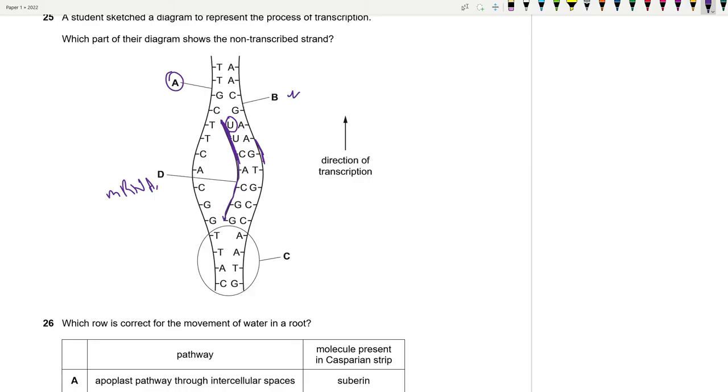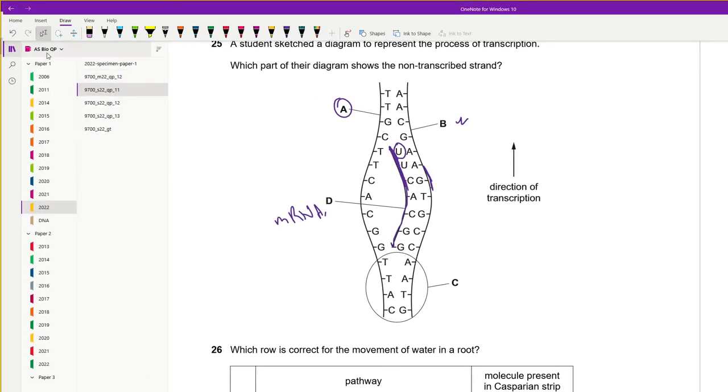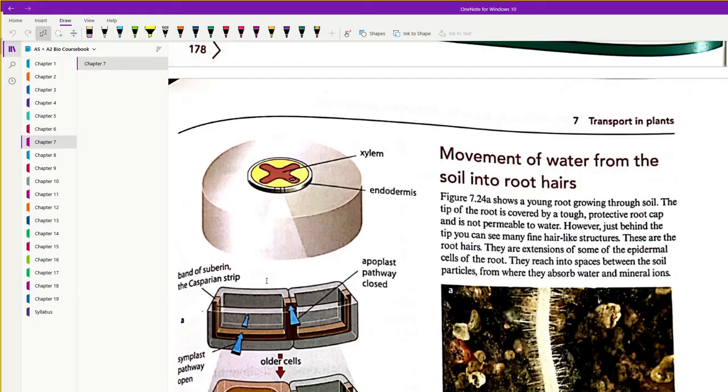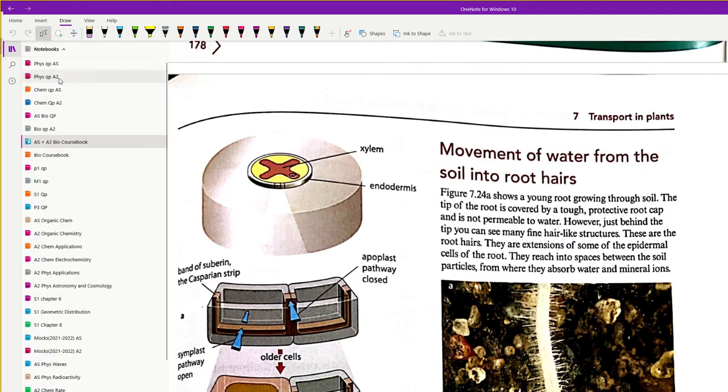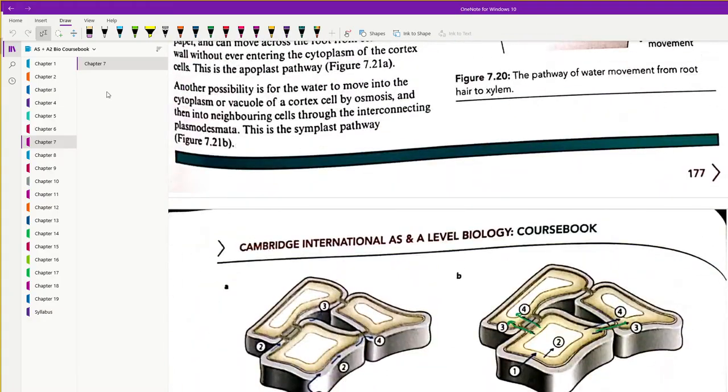Oh, so it won't be lignin. It has to be suberin. That's why in the Casparian strip, clearly it's not lignin, right? It has to be suberin, and the apoplast pathway is closed. Only the symplast pathway is open. You guys need to understand that. Only the symplast pathway is open. The apoplast pathway becomes closed.